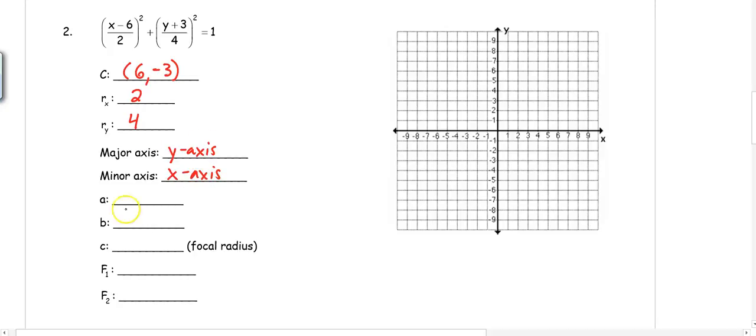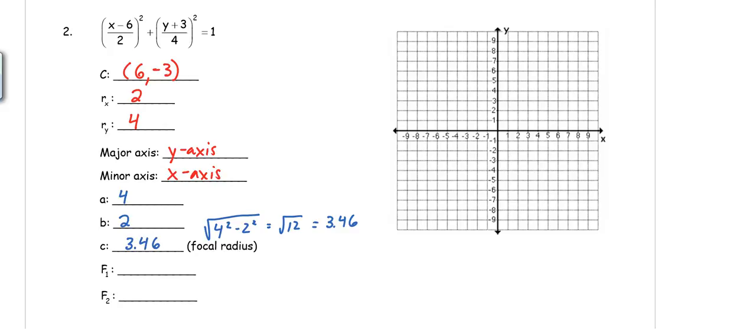So what I'm doing to find my c value, my a is 4 and my b is 2. So to find my square root, 4 squared minus 2 squared gets me the square root of 12. And we need to put this in decimal form, rounding to the nearest hundredth. So we get 3.46. So my focal radius is 3.46. Now, because my y radius is larger, this time I'm going to add and subtract the focal radius from the y coordinate.